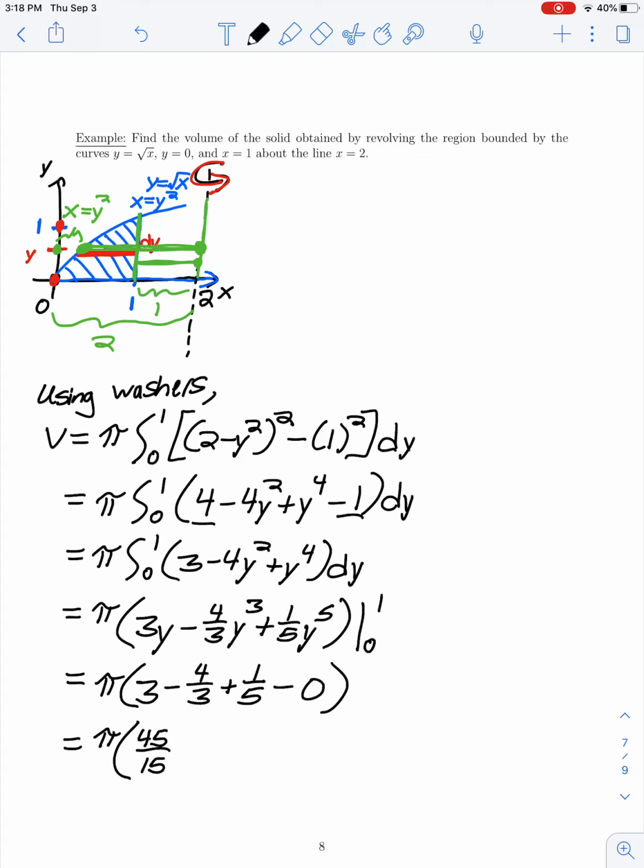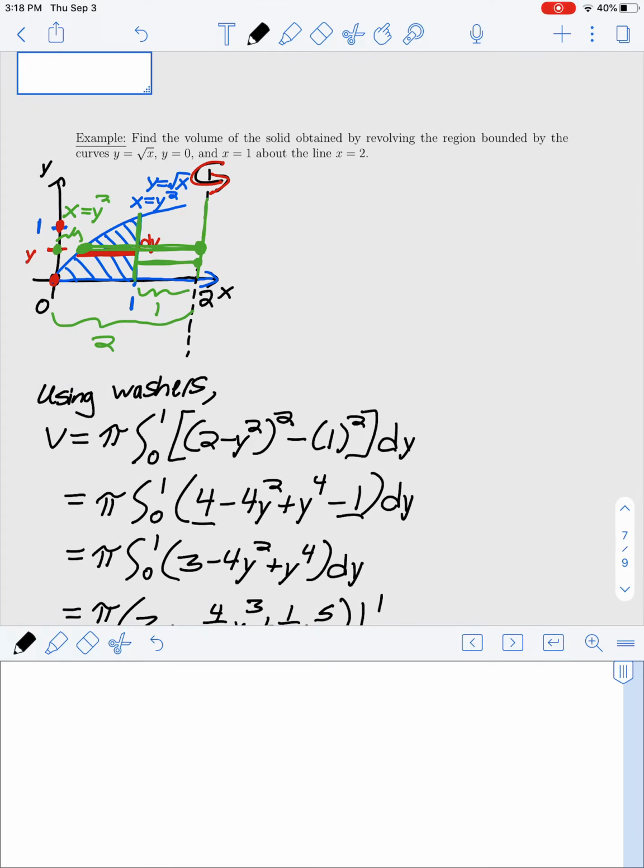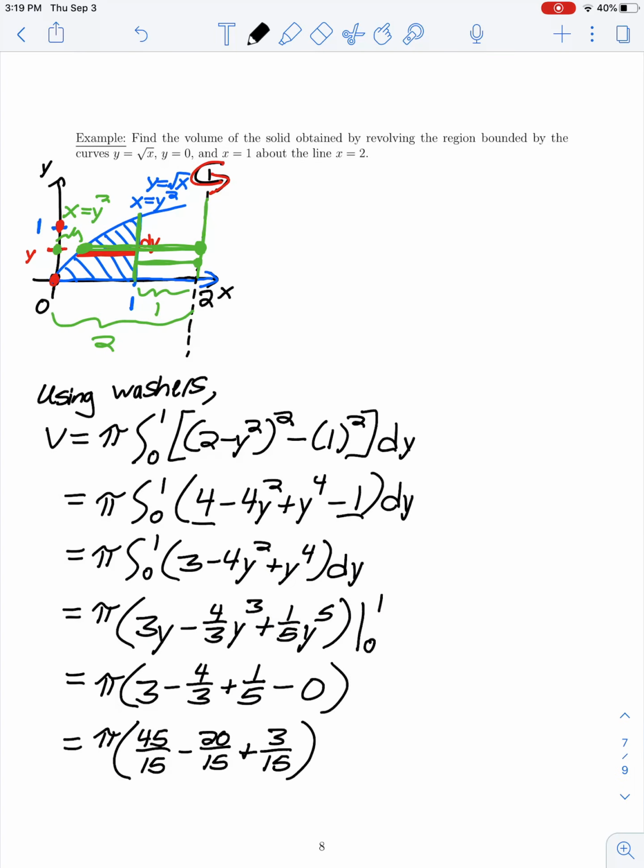So 3 would be 45 over 15, minus 4/3 would be 20 over 15, and 1/5 is 3 over 15. So let's see, 45 minus 20 would be 25, plus 3 would be 28, times this pi over 15. So altogether 28 pi over 15.